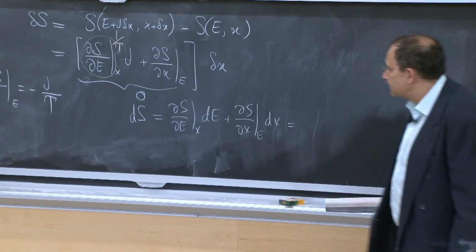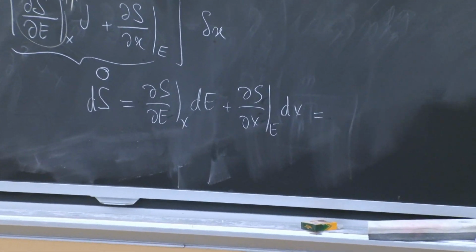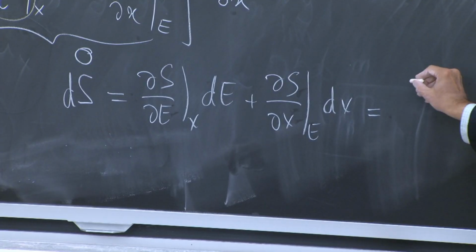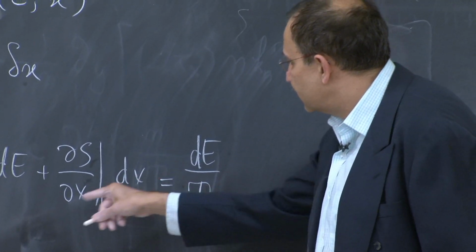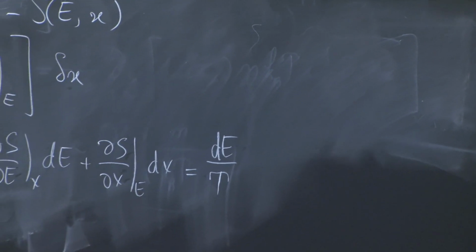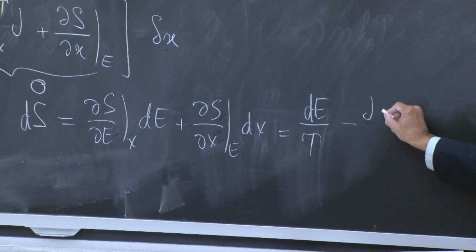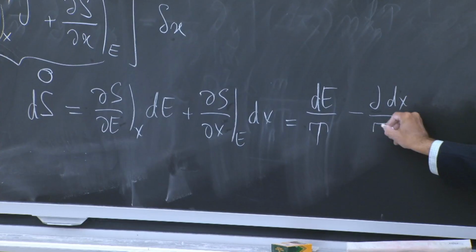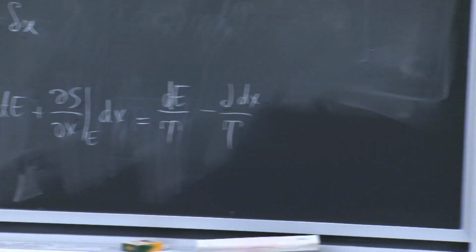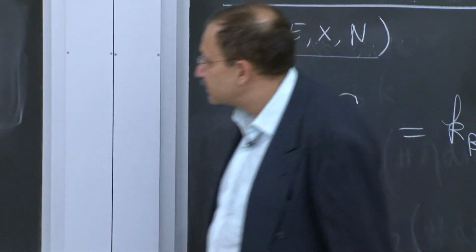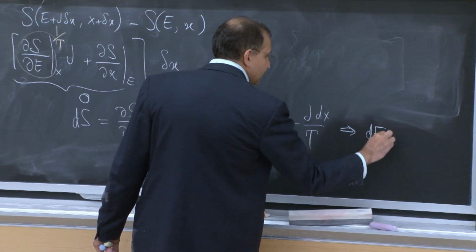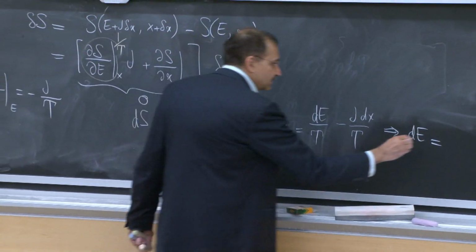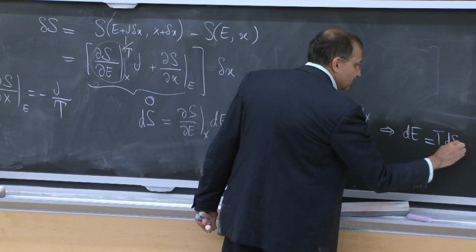Now I have identified these two derivatives. ∂S/∂E is 1 over T, so I have dE over T. ∂S/∂x is minus J over T, so I have minus J dx over T. I can rearrange this, and I see that dE is T dS plus J dx.